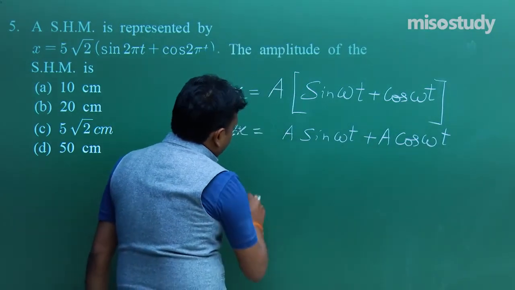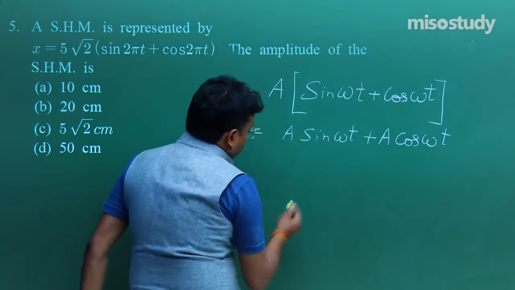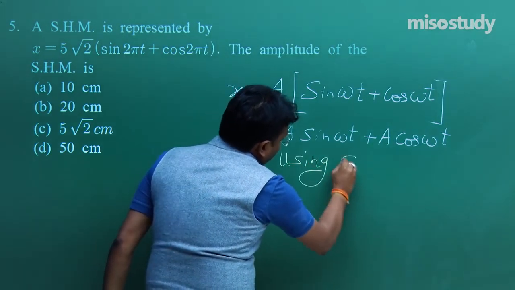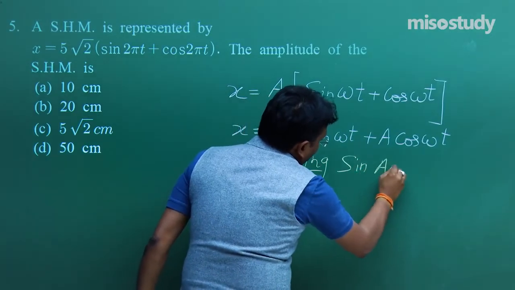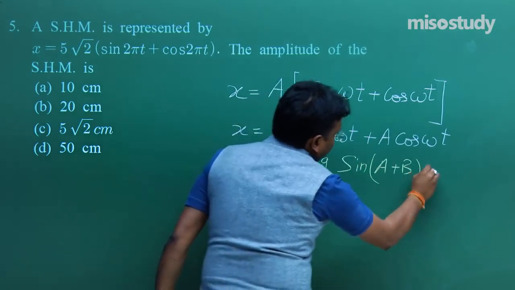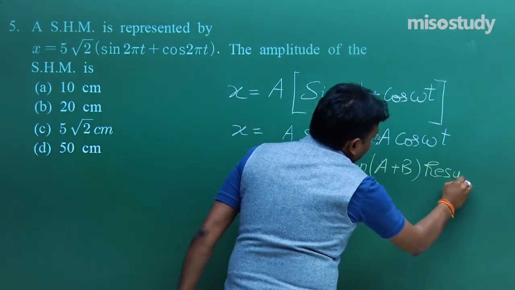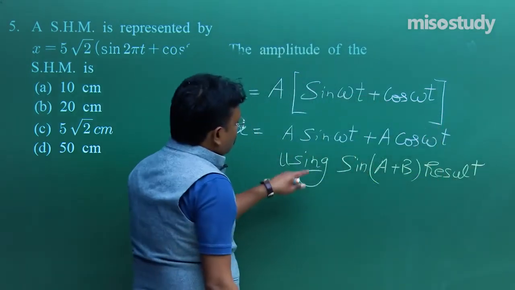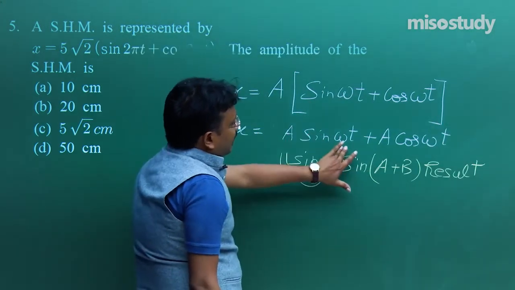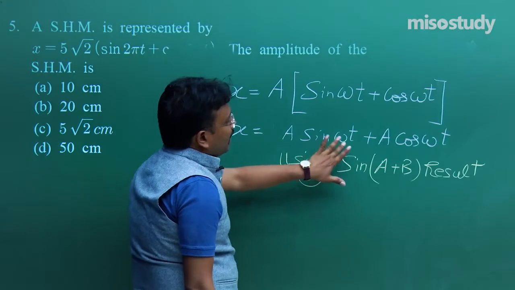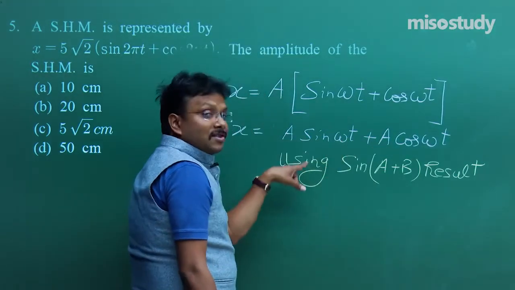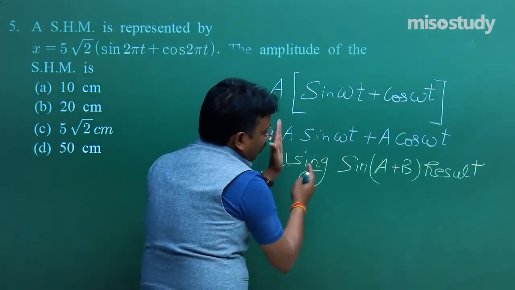Fine. Here I will write down with the yellow color chalk, I think, using the sine (a plus b) result. Fine, result. Using the sine (a plus b) result. Basically, sine a cos b plus cos a sine b. That is the arrangement of the terms.